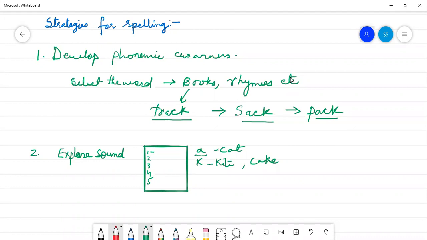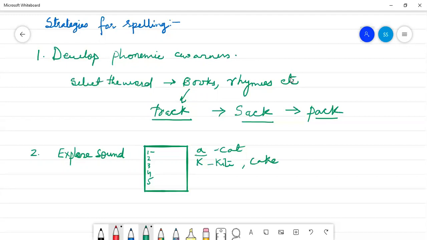So cake, where you give more stress on the letter sounds which you have selected. Here it doesn't give positioning, but it helps to identify the letters that represent the sounds actually.